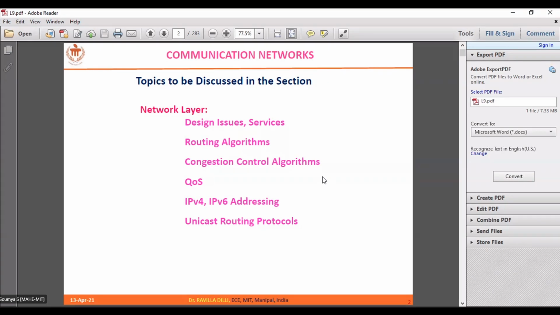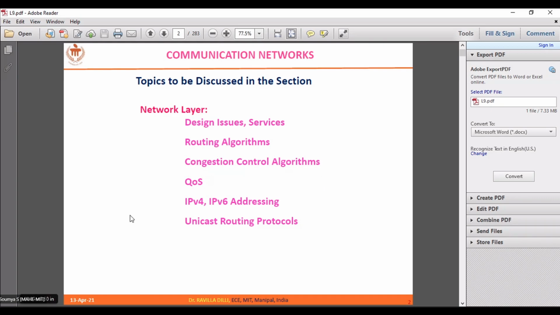IPv6 addressing is a 64-bit addressing, whereas IPv4 addressing is just a 32-bit addressing scheme. And of course, we are moving on to IPv6. Most of the systems that we buy today will come with an IPv6 address. However, it would be compatible with IPv4 addressing also, because most of the networks still do use IPv4 addressing, and we have not completely moved to IPv6.